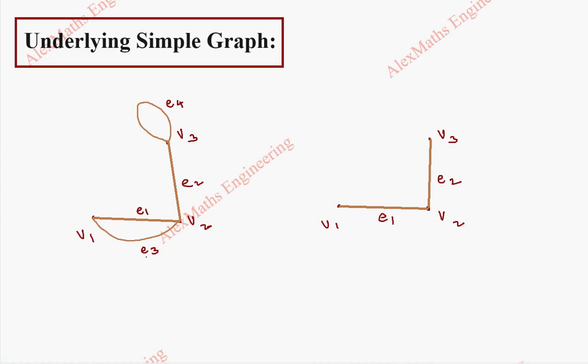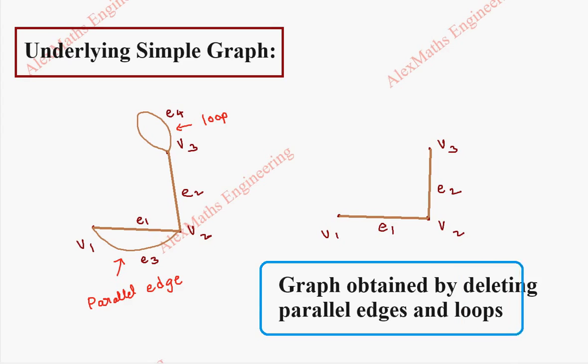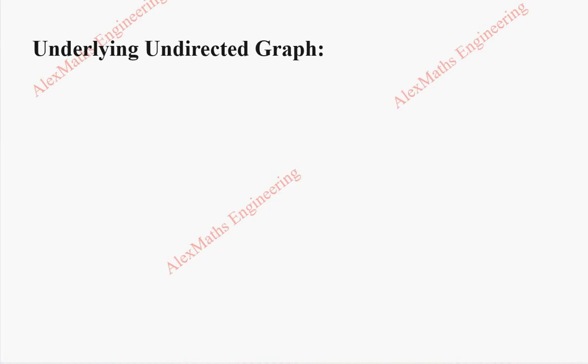But we deleted E3 and E4 because this is a parallel edge and this is a loop. So such a graph which is obtained by deleting the parallel edges and the loops is known as the underlying simple graph. Next we are going to study about underlying undirected graph.